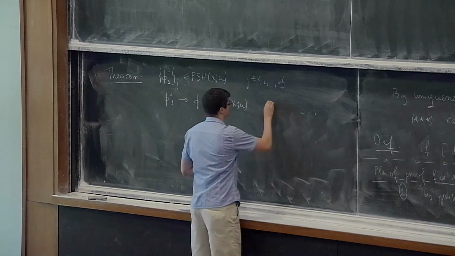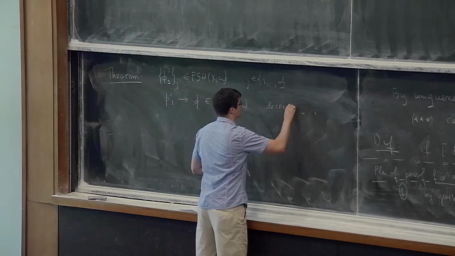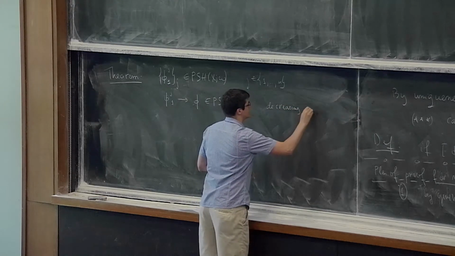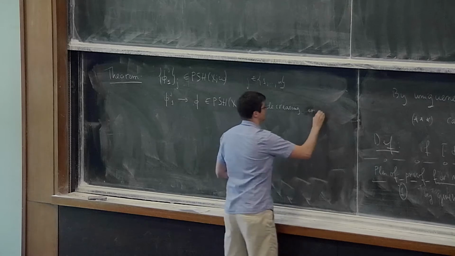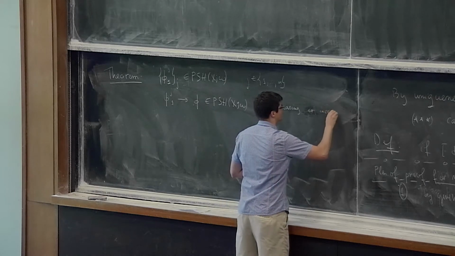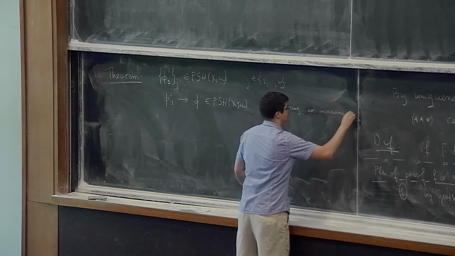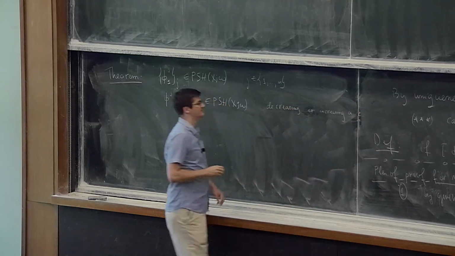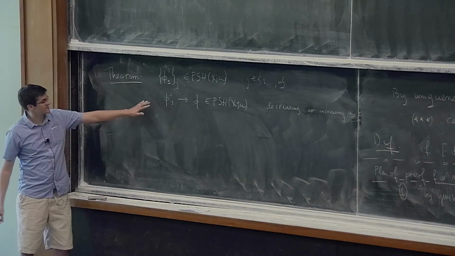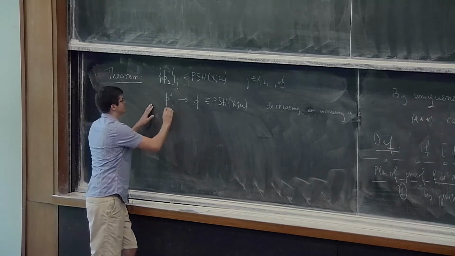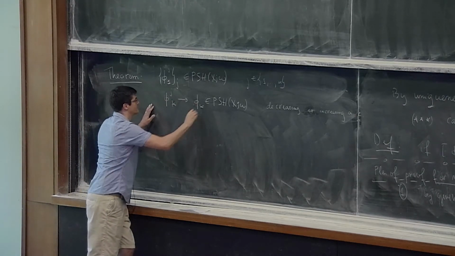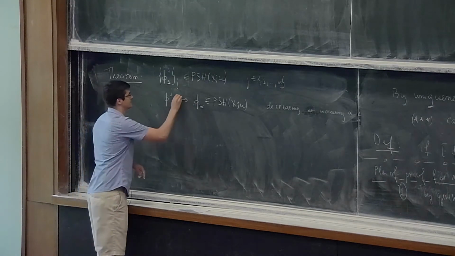So it's either decreasing or increasing. Okay, sorry, what I meant is a k here, and convergence is as j goes to infinity.